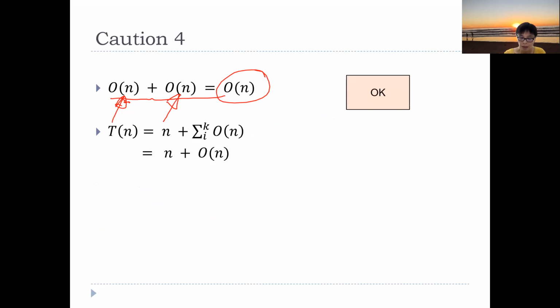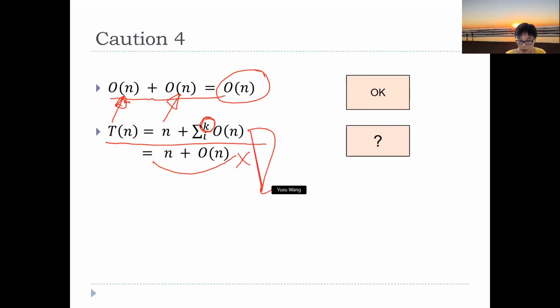But if I add this one k times, is it still true that this is the same as n plus big O of n? Well, this is not true anymore. Because what you should really write is k times n.